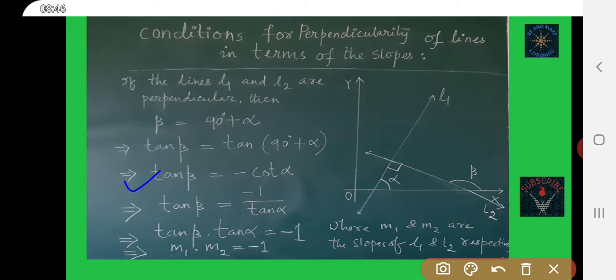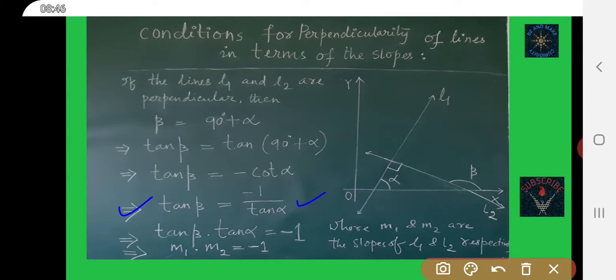Here, by the formula you know, this is equal to what? Minus cot alpha. So you can write minus cot alpha. Here tan beta is equal to minus 1 by tan alpha.